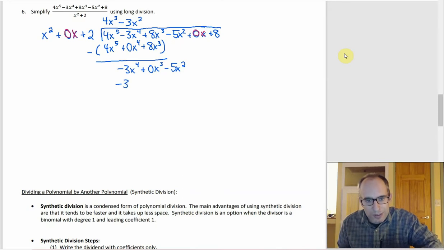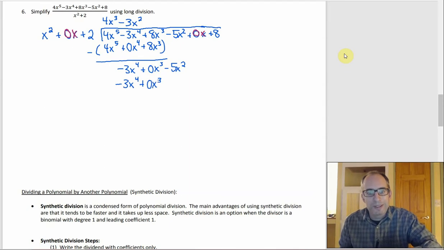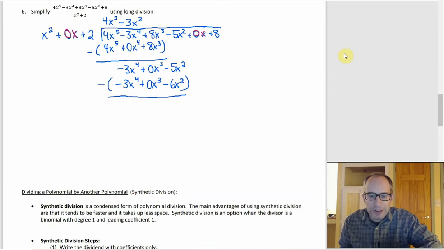So you'd have minus 3x to the 4th, then plus 0x cubed, since you're multiplying by 0, and then minus 6x squared when you multiply by 2, and then you subtract that row. That's not going to be anything there. Neither is this, right? So you're going to have a 0x cubed, and then minus 5 plus 6 is 1, so plus x squared plus 0x.